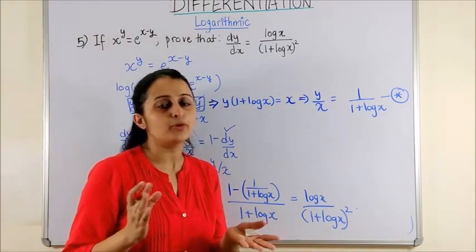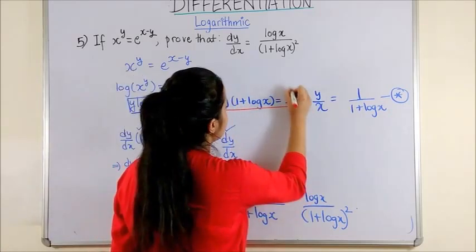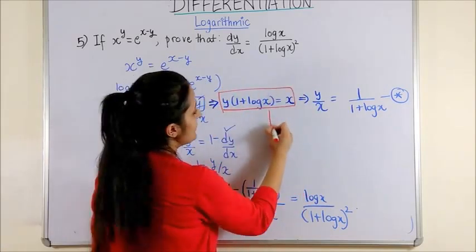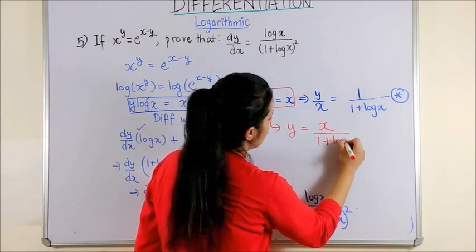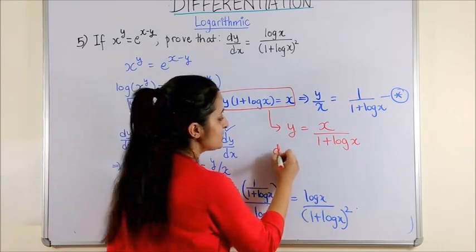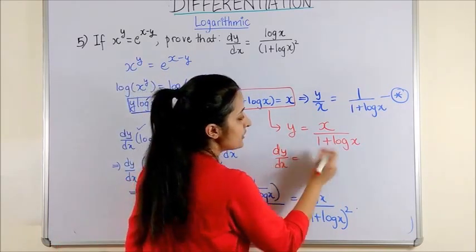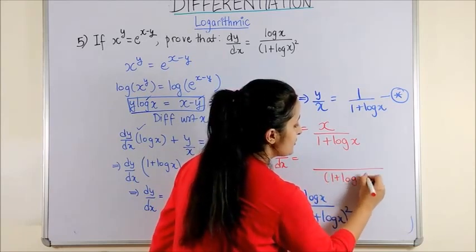Another shorter approach to the question could have been that from here itself in the beginning, you can express y as x upon 1 plus log x. And now the moment you differentiate both sides with respect to x, you can use the quotient rule here, which gets 1 plus log x whole square.